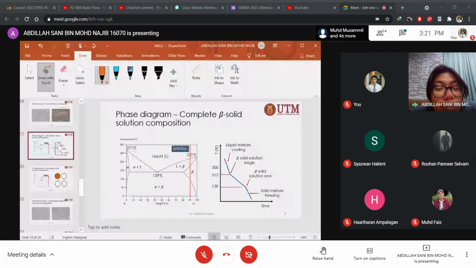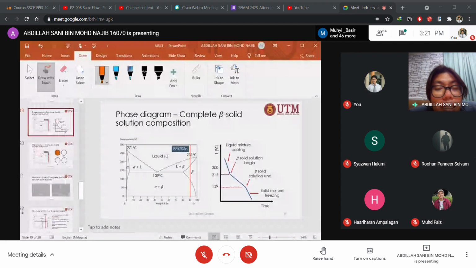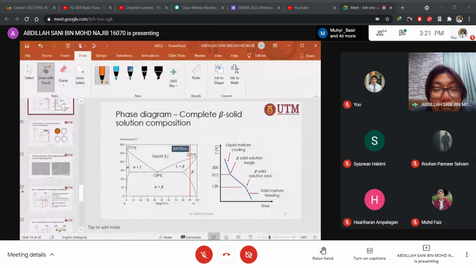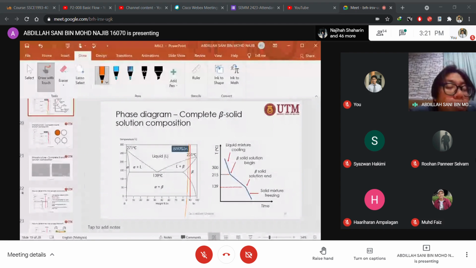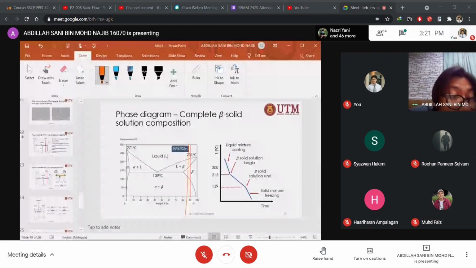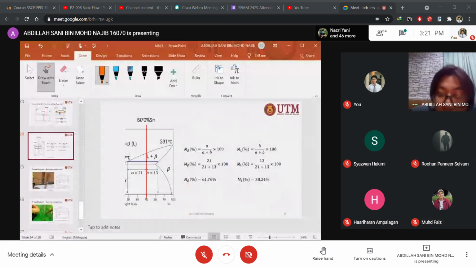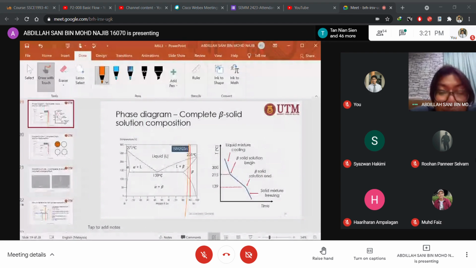So okay, and then we have the same thing for this one. If you use this bismuth rich, tin rich, you will get this kind of solidification line.